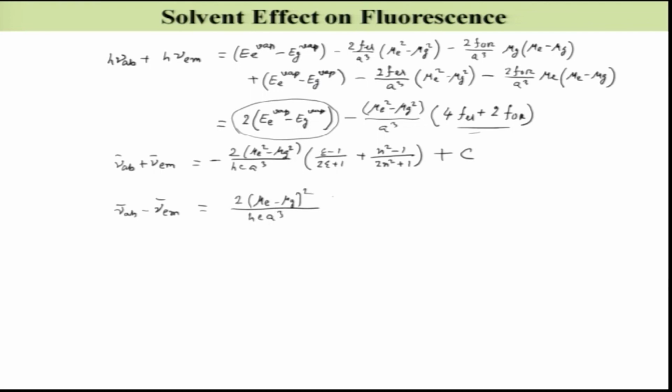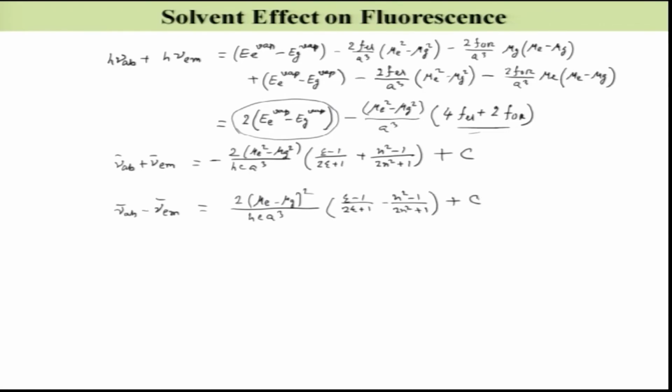And here that function is minus epsilon minus 1 by twice epsilon plus 1 minus n square minus 1 by twice n square plus 1, and then the vapor part, because of which I have this constant.